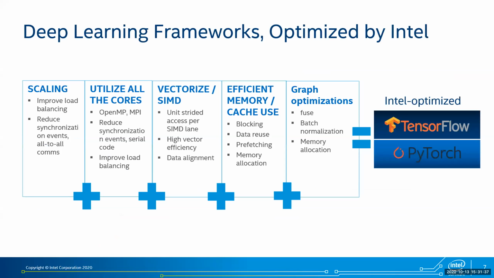We covered those optimizations. There are lots of different aspects. For example, for vectorization, we support the latest vectorization instructions, including DL Boost, which is available on the second and third generation of Xeon servers. DL Boost is a new AVX-512 instruction set, which helps to accelerate deep learning.